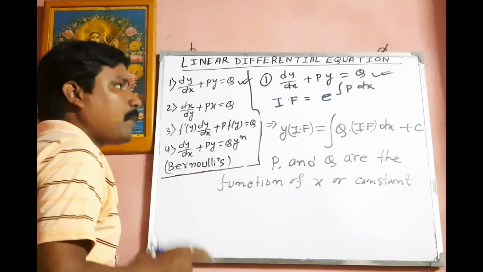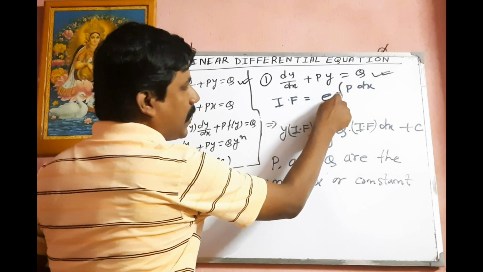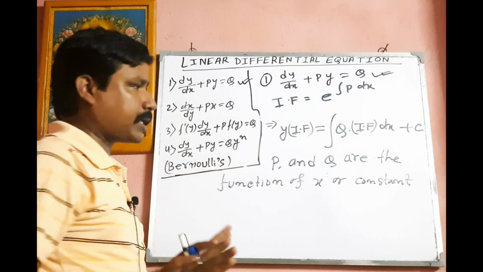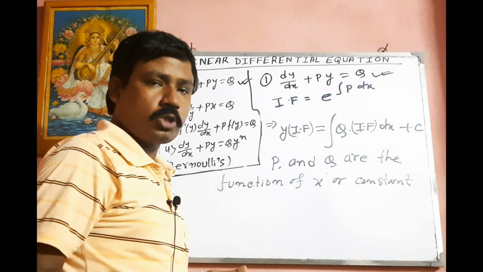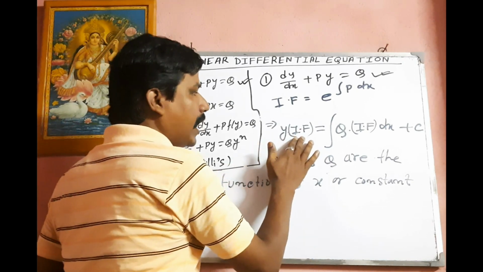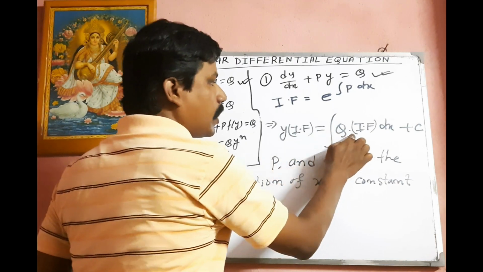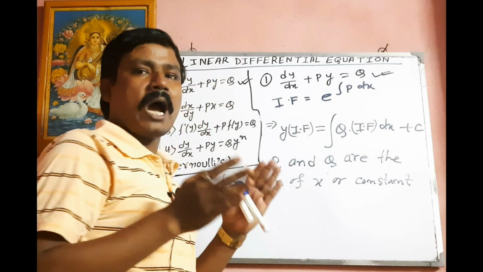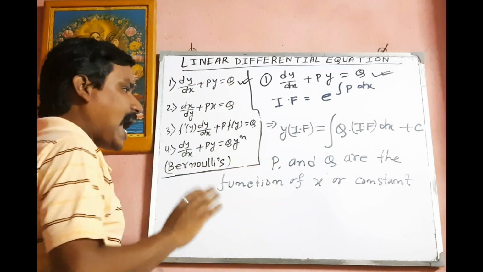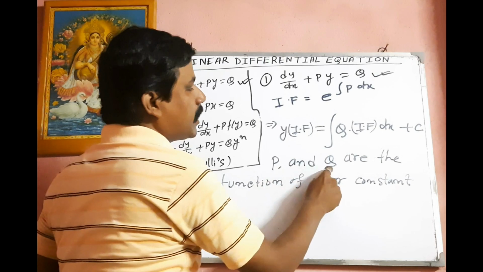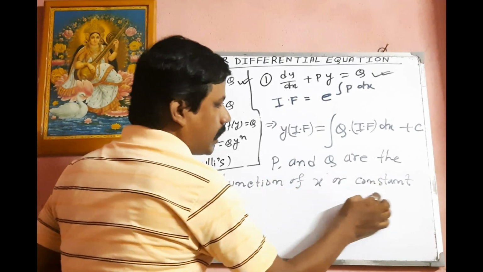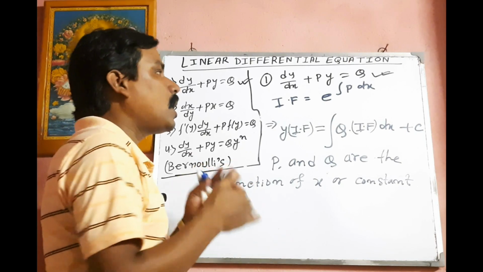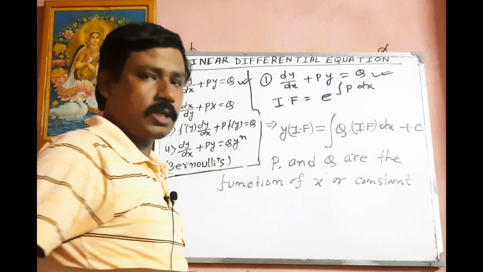What is IF? IF is equal to e to the power of integration of P dx. IF means integrating factor. And the solution will be y times IF is equal to integration of Q times IF dx plus C, where C is an integrating constant. And P and Q are functions of x or constant. So this is the complete first kind, and we move to the example of the first kind.